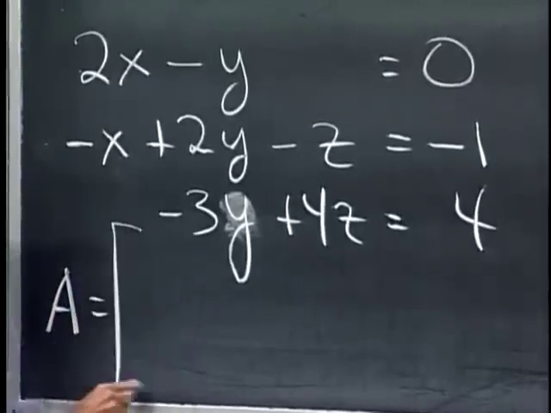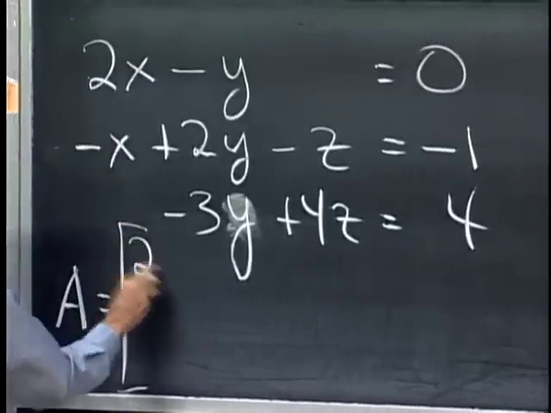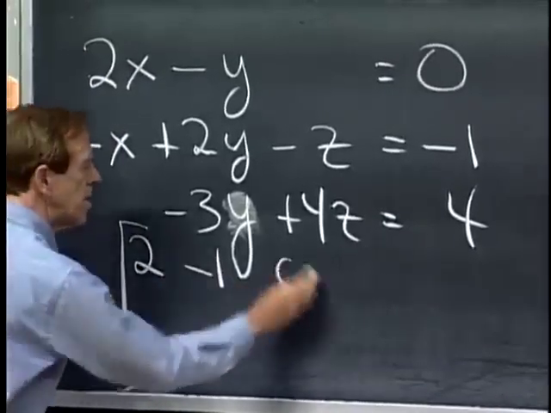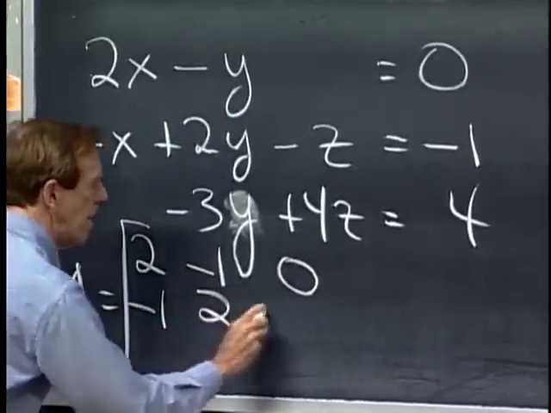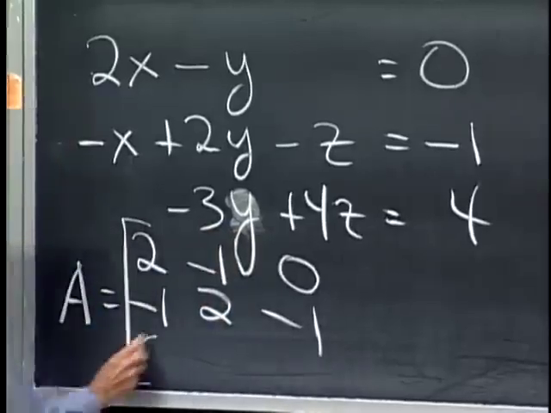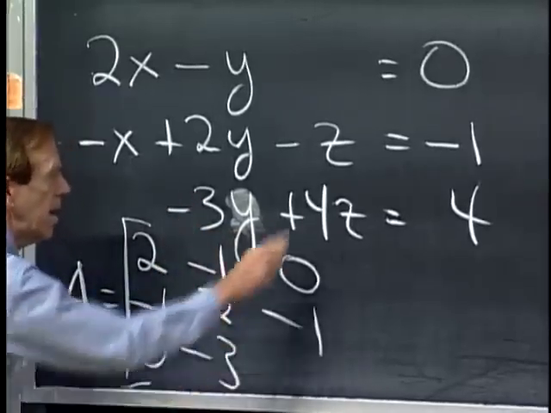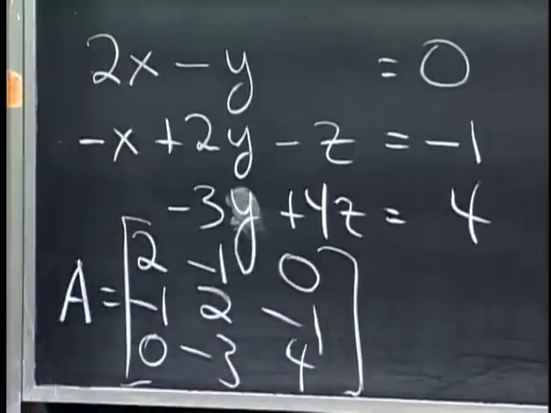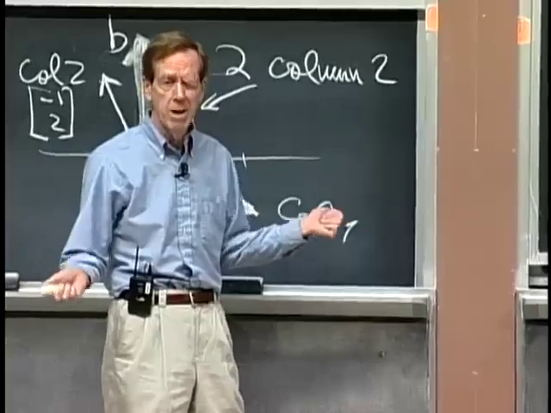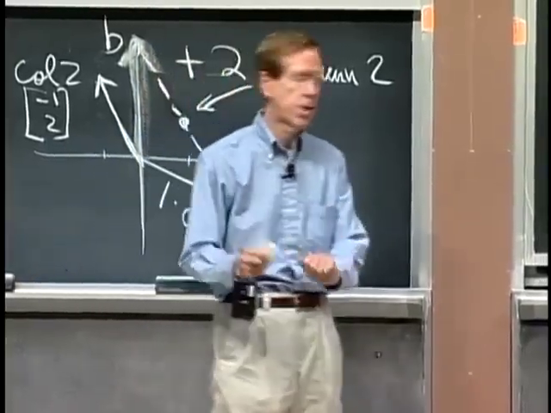Our matrix A is the 2 and the minus 1 and the 0 from the first row, the minus 1 and the 2 and the minus 1 from the second row, the 0, the minus 3, and the 4 from the third row. So it's a 3 by 3 matrix. 3 equations, 3 unknowns.